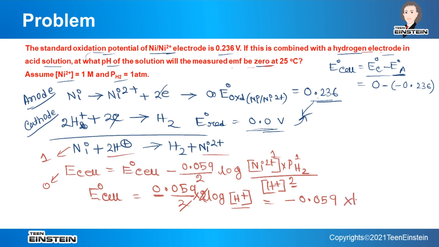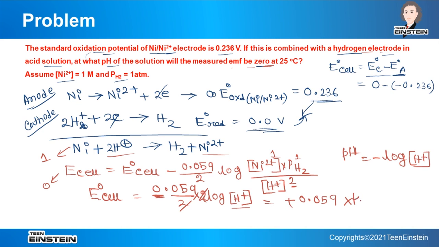multiplied by pH, because negative log of H plus, that is pH. pH is the negative logarithm of H plus concentration. Okay, so this negative sign we will consider when we write pH equal to minus log H plus. So this negative sign will ultimately be positive.